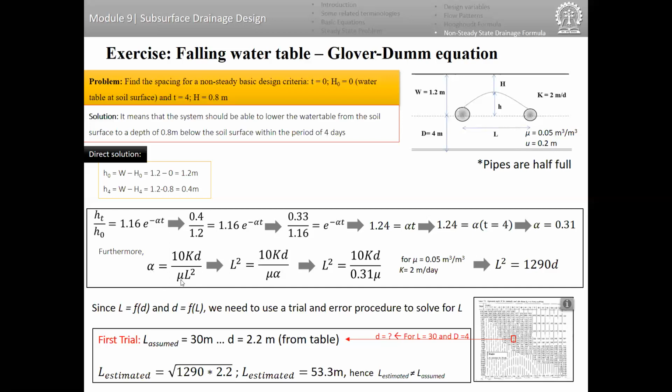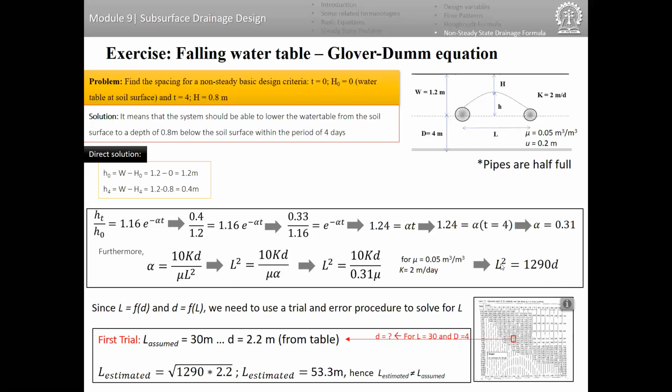We know alpha, we know mu, we know k. Based on that, we can arrive at the relation between L and D. So L square is equal to 1290 D. Since we have seen in the steady state case also, L is a function of D and D is a function of L. We have seen this kind of table.